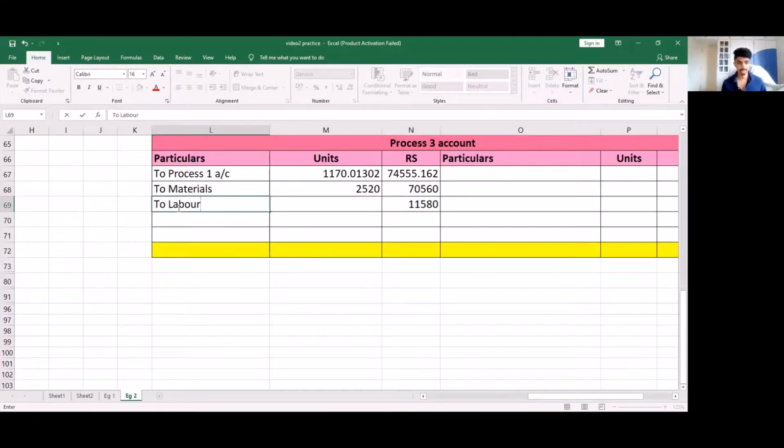We know that labor does not increase the number of units, so we don't mention anything here. And lastly, we have office and admin. This is divided by 3, so it will be the same value as process 2, 5,189.